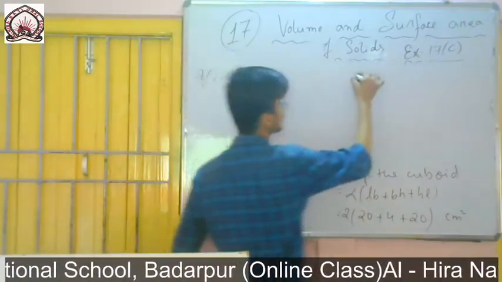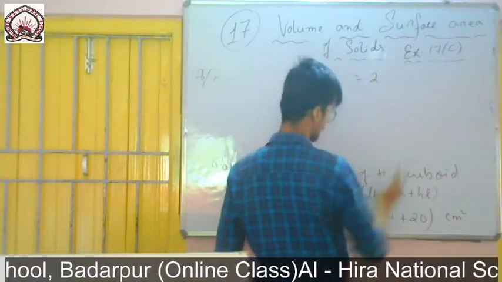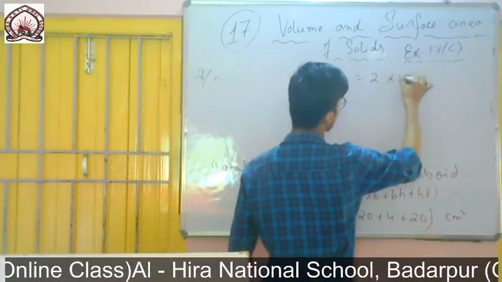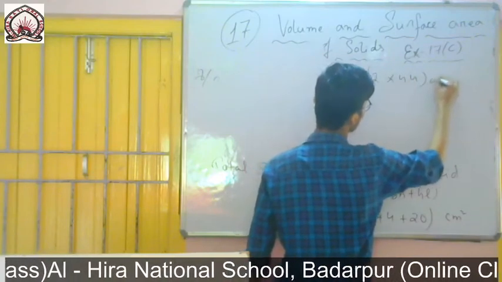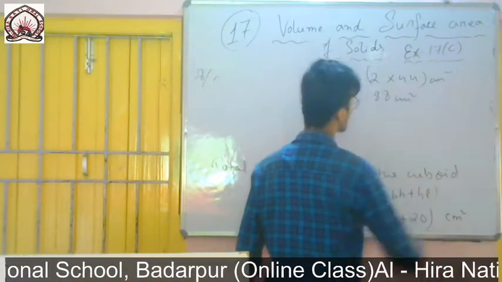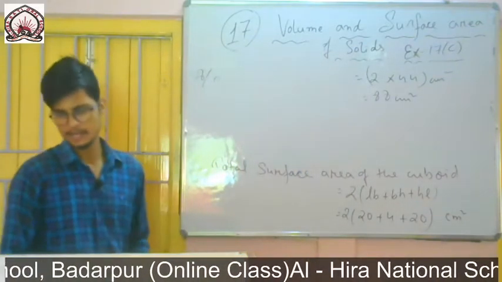So answer will be 2 into 20 plus 20, it is 40, 40 plus 4 it is 44, 2 into 44 centimeter square, that means 88 centimeter square.